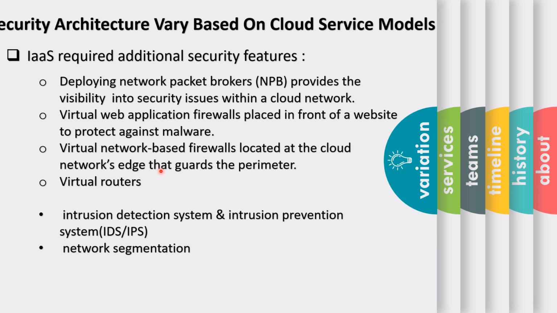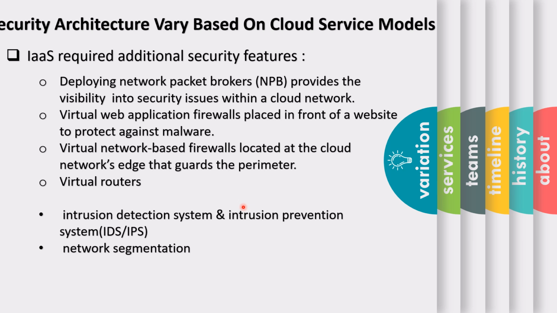So, in short, in an IaaS model, the cloud provider manages the physical infrastructure: servers, storage, and networking, while the user is responsible for securing the operating system, applications, and data deployed on the cloud. So, what is an NPB? NPBs are tools that allow you to monitor network traffic.